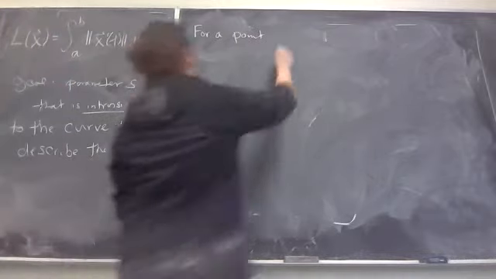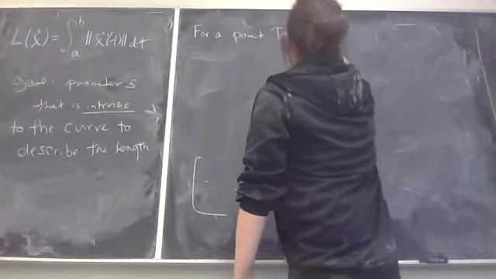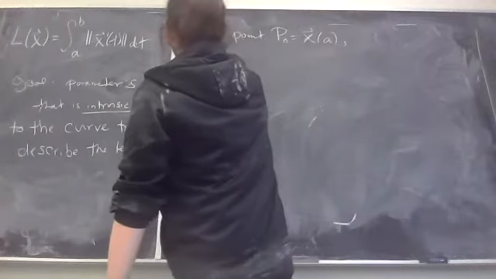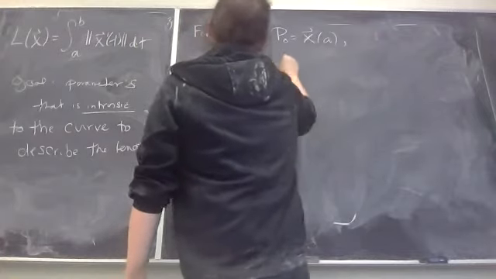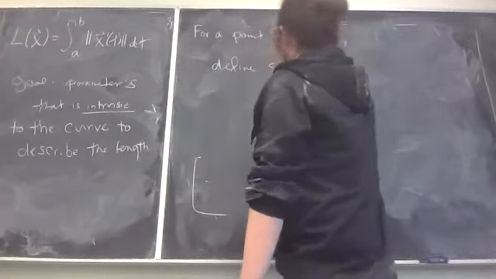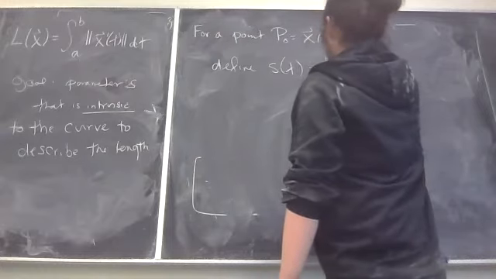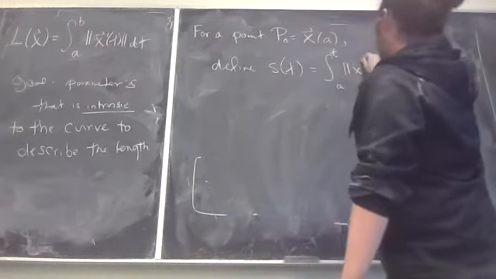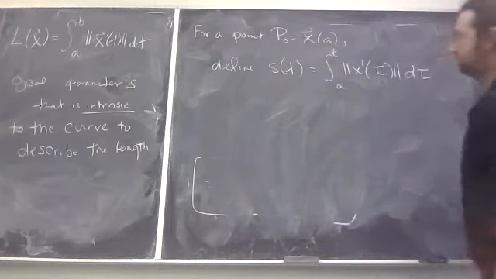Okay. Take a point P naught, which is equal to, say, x of a, and a point P. We define S of t to be equal to the integral from a to t of the length of x prime of tau d tau.